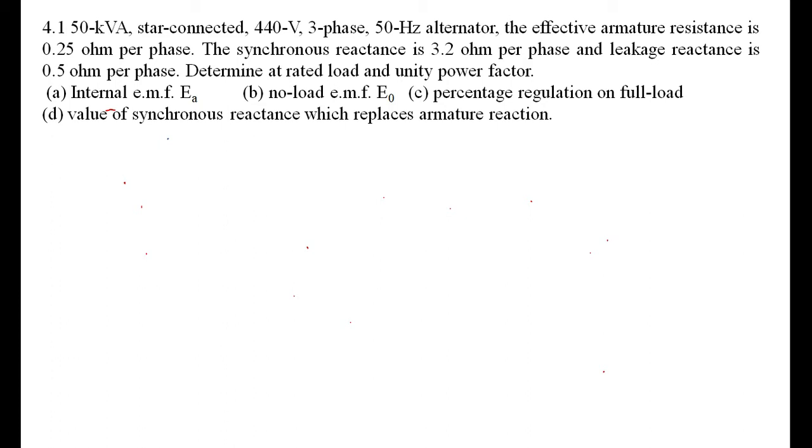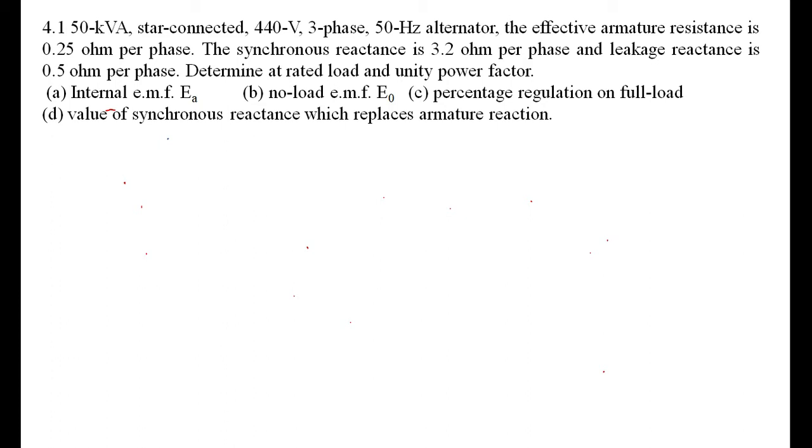He asks you to calculate at unity power factor the internal voltage, that is EA, then the no load actual generated voltage E naught, then the percentage voltage regulation on full load, and the value of synchronous reactance which replaces armature reaction. That is, we have to find out these quantities.